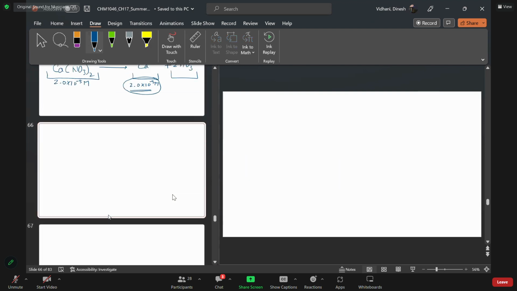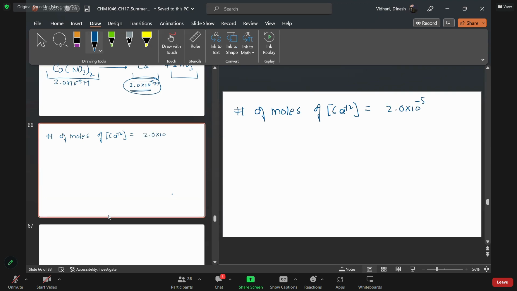Okay, so the number of moles of calcium ions is going to be equal to 2.0 × 10^-5. Now this is moles per liter, so I'm going to expand my molarity, M, into its units, moles per liter.